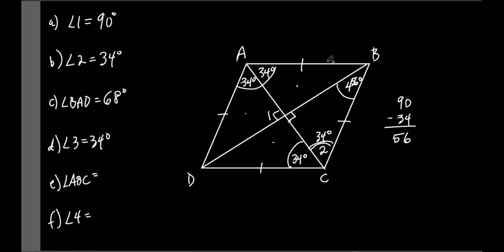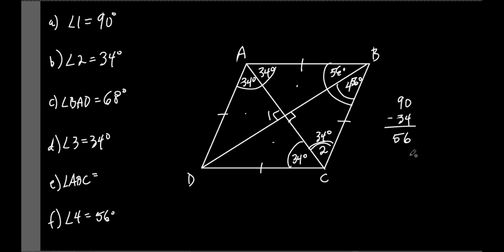So what's this angle right here going to be? Now they ask you to find the whole ABC. They ask you to find this whole big angle right there. Well, angle 4 is 56. We already determined that. But the one right next to it, ABD, is also 56. So what do we get now? What's the whole big angle right here going to be?